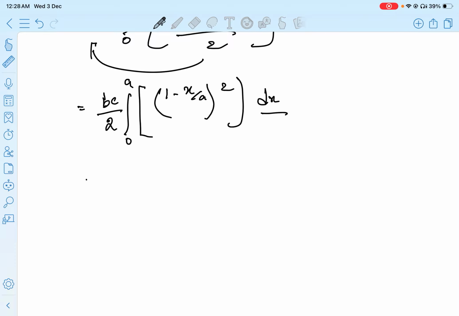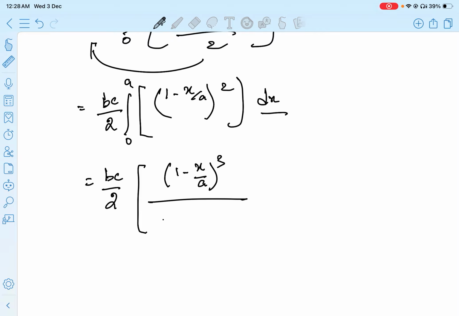So it will become 1 minus x by a the whole cube by 3 times, right? For the derivative of x, we have minus 1 by a. For 1 it will become 0. Our limits are x equal to a and x equal to 0.